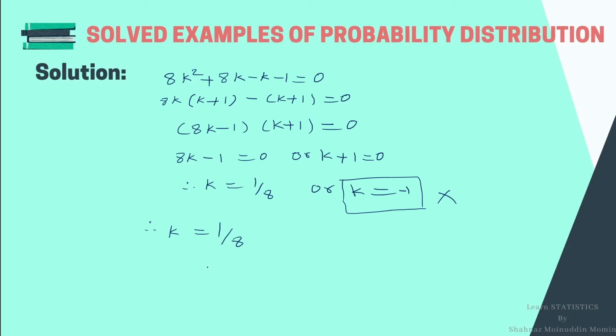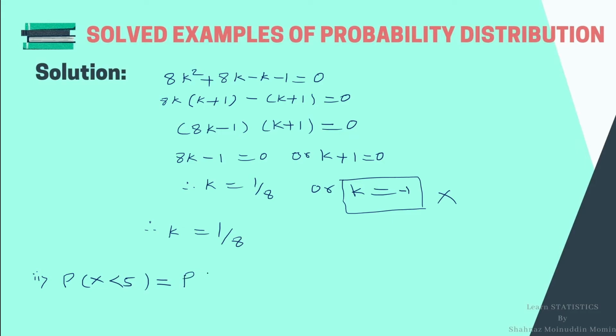This is the value of k. So, we shall calculate the second point, probability x less than 5. Here we know that x takes values 1, 2, 3, 4, 5, 6, 7. Here probability x less than 5 means x will take a value up to 5, not 5.